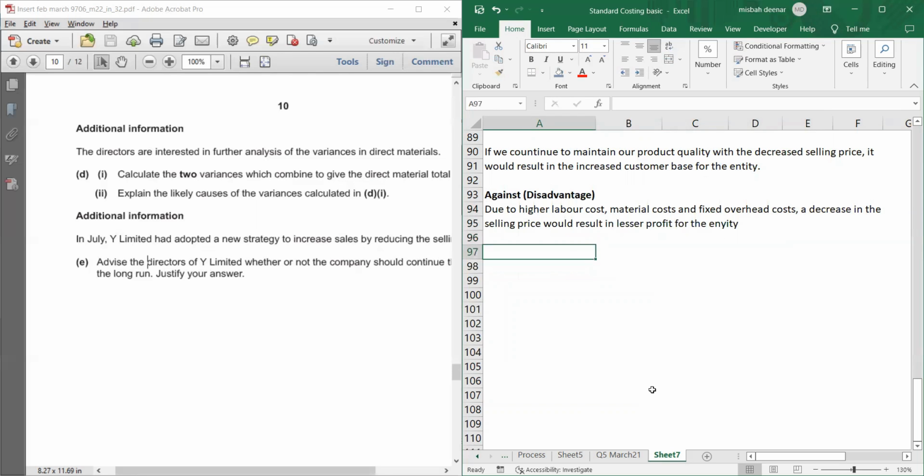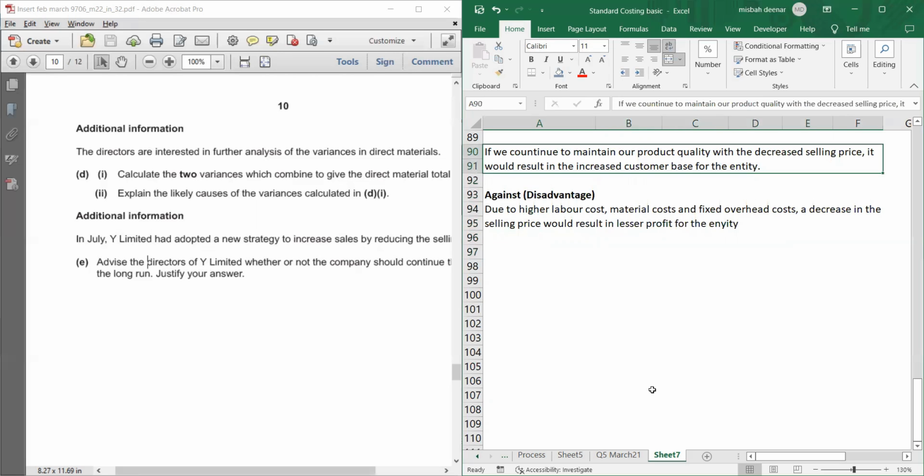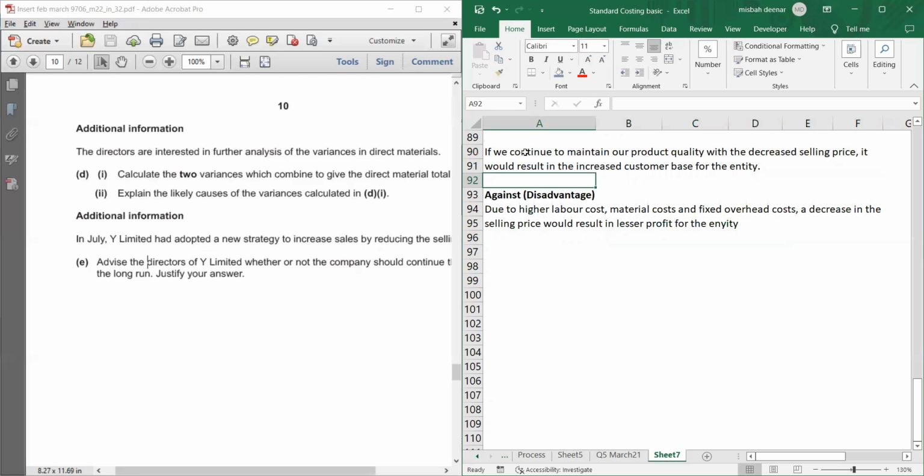Then here I have written that if we continue to maintain the product quality by the reduction of the selling price, it would result in the increased customer base.